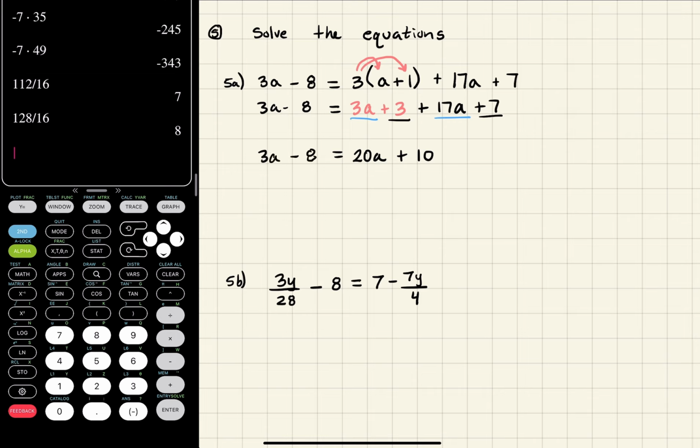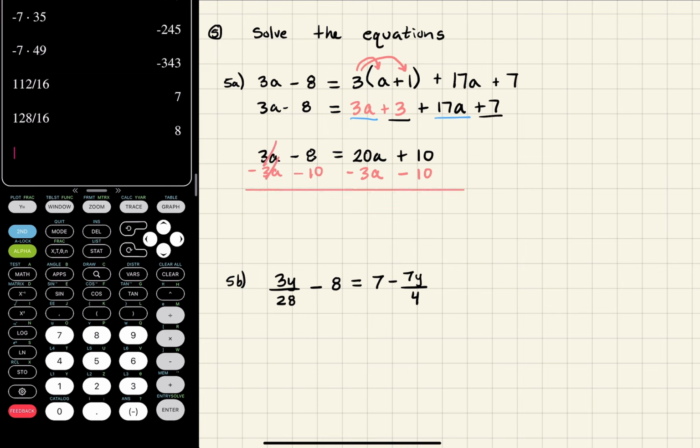Now we're at the point where we want to get all of our variable terms on one side and all of our constants or regular numbers on the other side. So I'm going to move the 3a away from the left by subtracting it, and we've got to do that on both sides. And if I'm moving the 3a over here, then I'm going to move this 10 to the left.